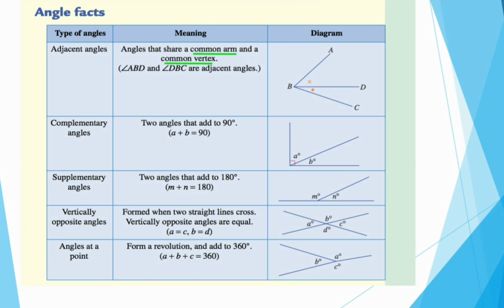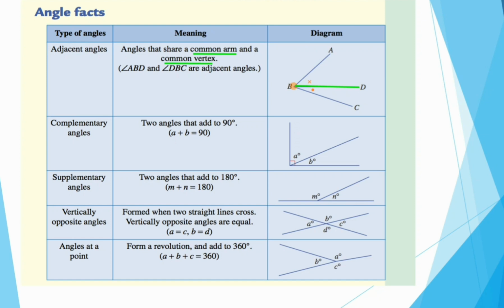Now, which is a common arm here in these two angles? BD is a common arm of these two angles represented by cross and dot, that is ABD and CBD. So BD is the common arm, and which is a common vertex? B is the common vertex. Therefore, angle ABD and angle CBD or DBC are adjacent angles.